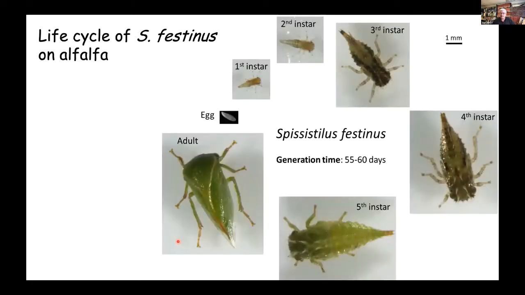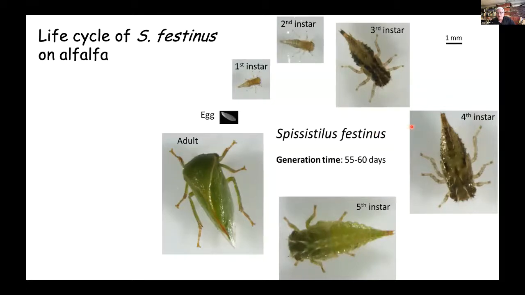So Cindy and colleagues also showed, as I mentioned several times, they elegantly showed that grape is not a reproductive host of the three-cornered alfalfa hopper. In other words, the adults will reproduce, oviposition will occur, eggs will hatch, first, second, and third instars will develop on wine grapes, but then the cycle is interrupted.